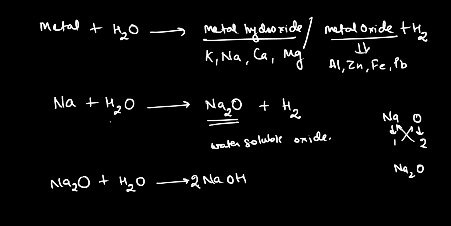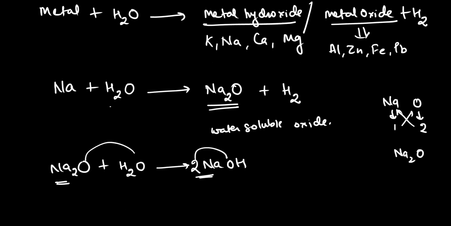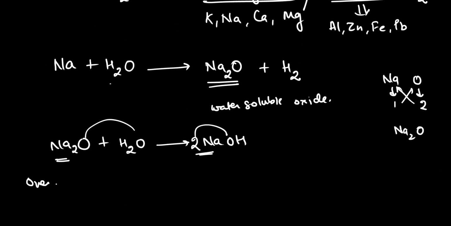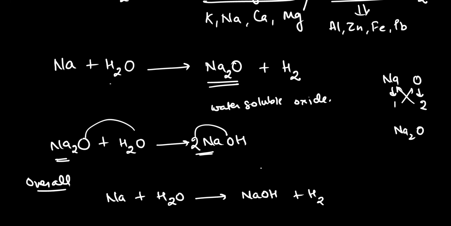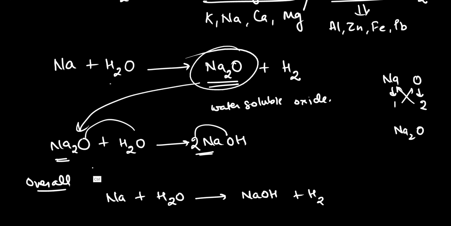You can check there: 2 Na, 1 O, and 2 hydrogen. The overall reaction: Na when it reacts with water gives you NaOH plus hydrogen gas. We don't get this intermediate product because this reaction further proceeds to the second reaction.